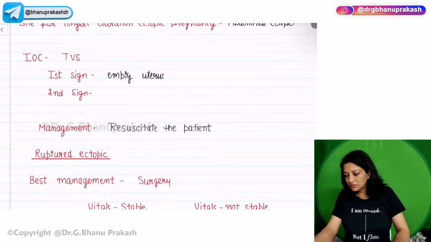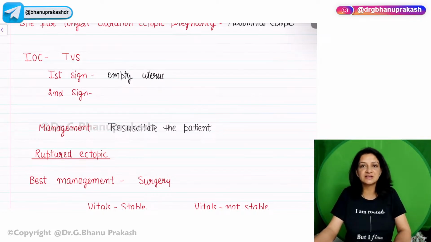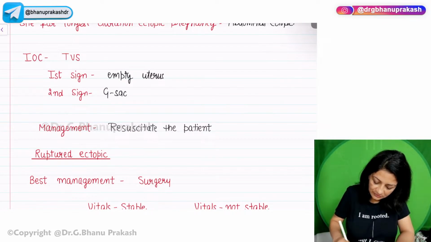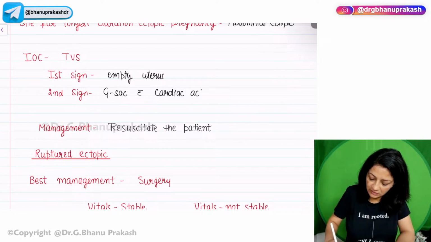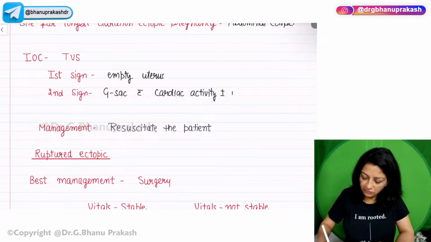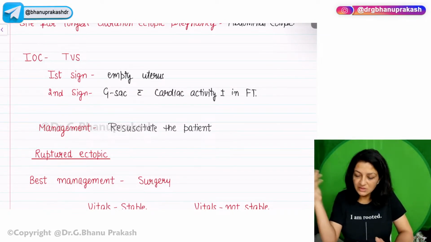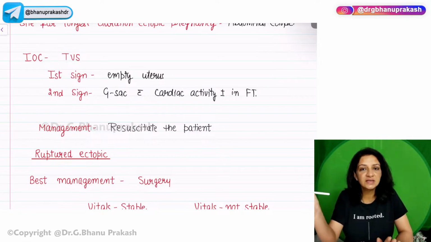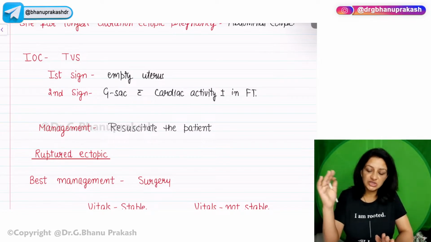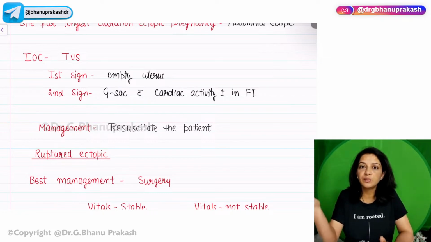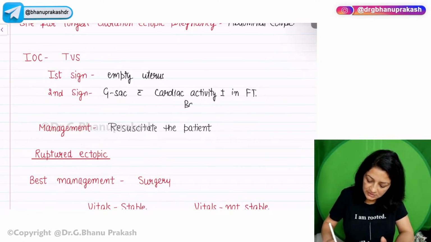Yes, ring of fire sign. And the second sign: gestational sac with cardiac activity, which may be present or absent, in the fallopian tube. That is called the Bagel sign. The uterus is empty, we do not find any pregnancy there.